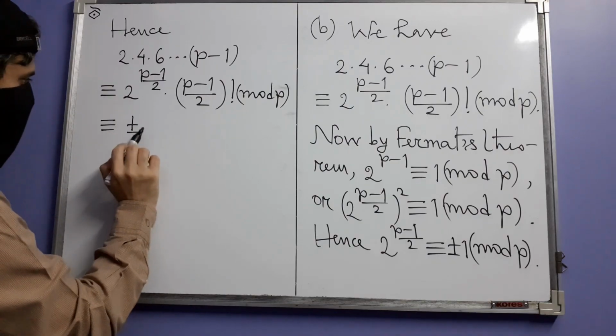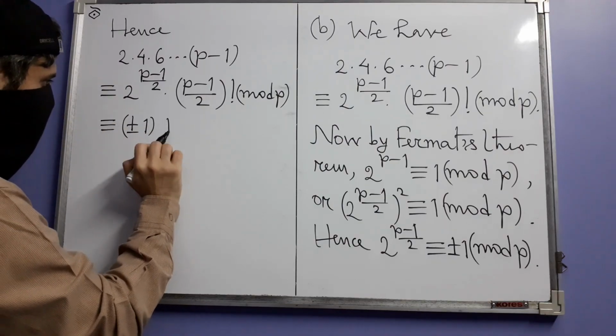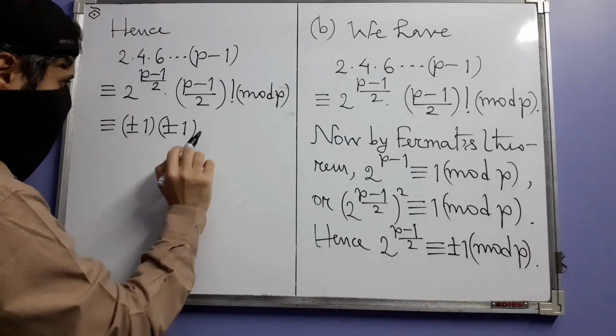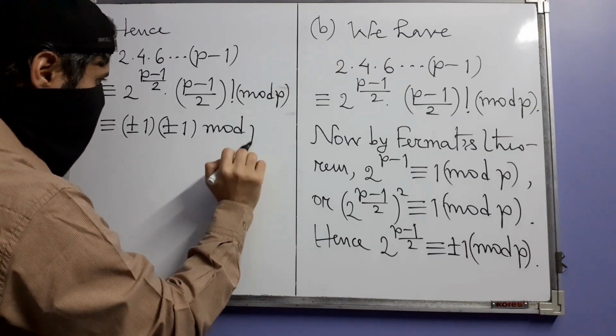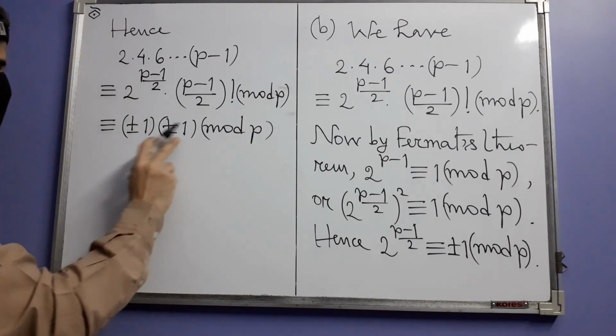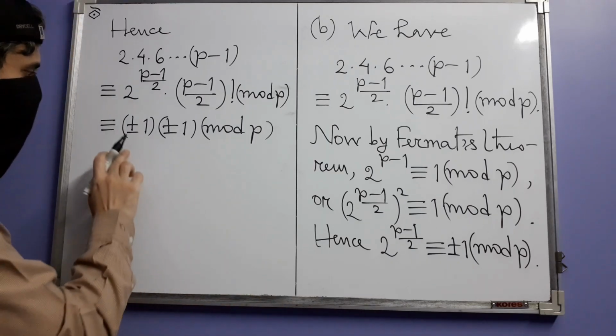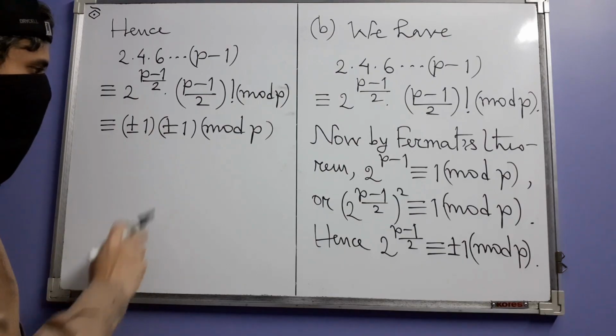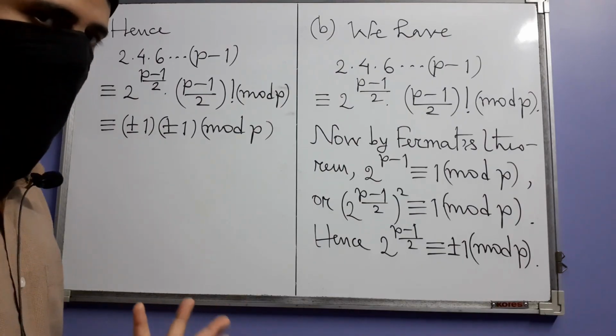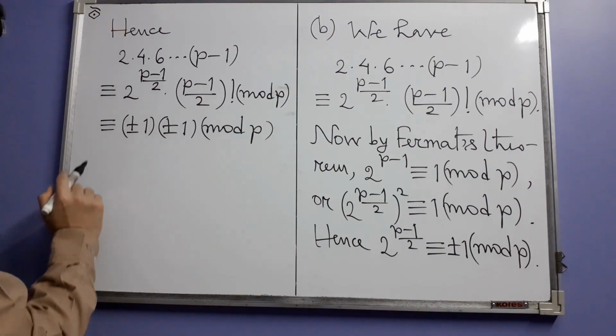So this is plus or minus 1. This is also plus or minus 1. Note that we don't really know which one is 1 when and which one is minus 1 when, but it does not matter because whatever the quantities are, we are eventually going to get either plus 1 or minus 1.